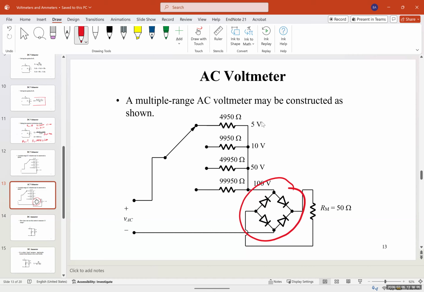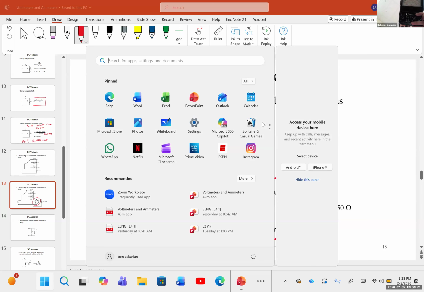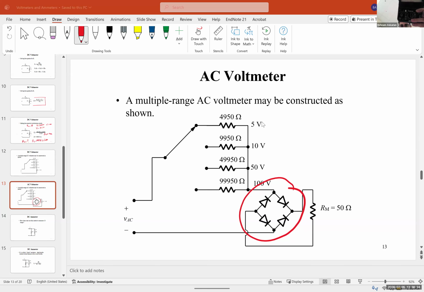So again, if you go back to this, it has AC and DC. There is another knob. Do you see the AC DC knob here on the right part? Let me open my video.